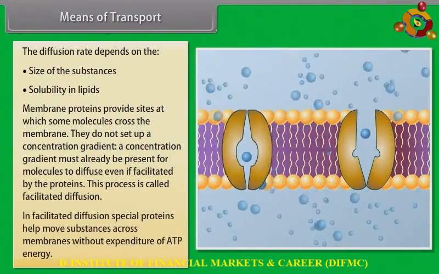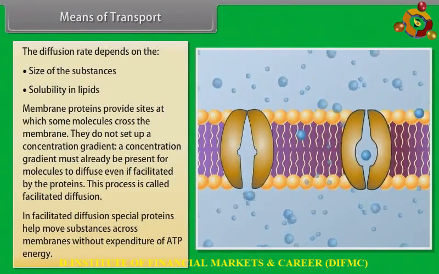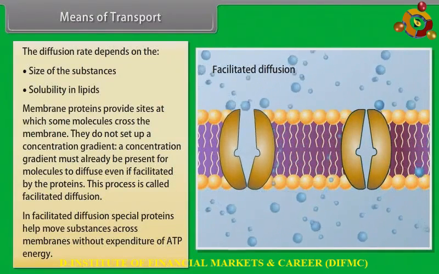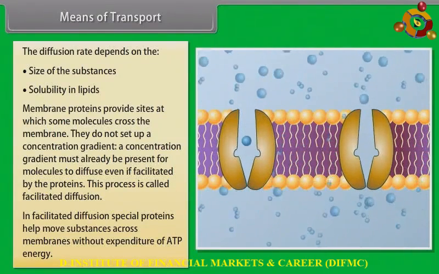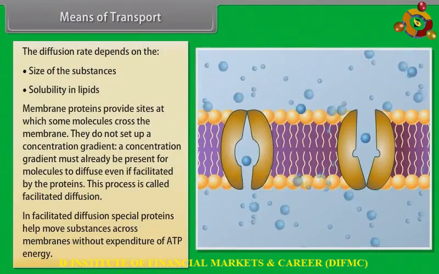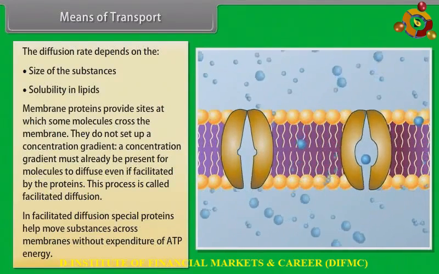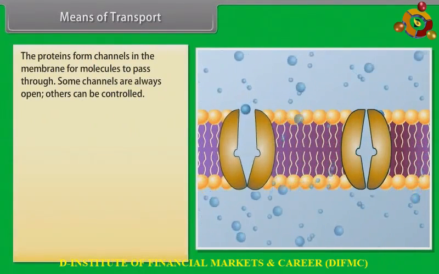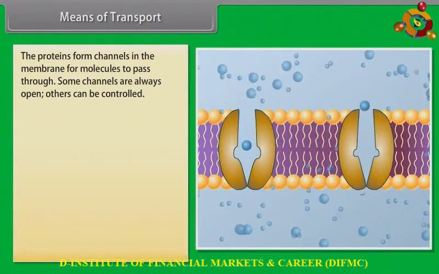In facilitated diffusion, special proteins help move substances across membranes without expenditure of ATP energy. Facilitated diffusion is very specific. It allows the cell to select substances for uptake. The proteins form channels in the membrane for molecules to pass through.